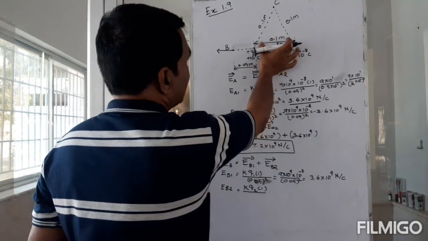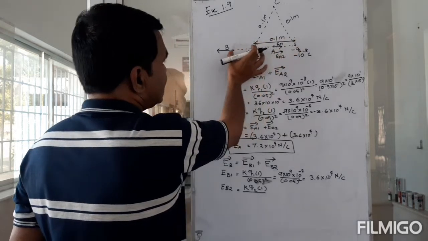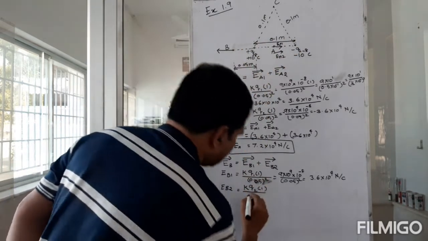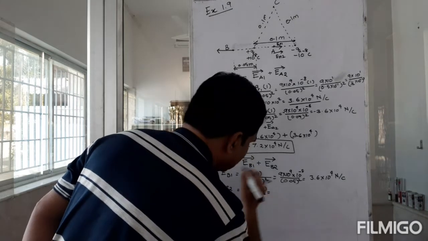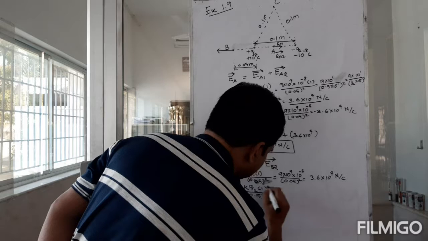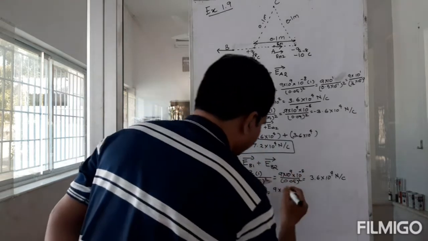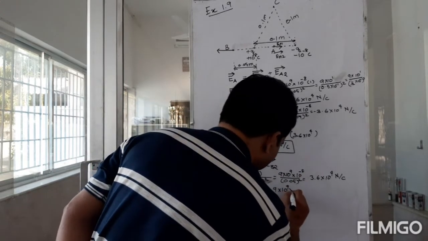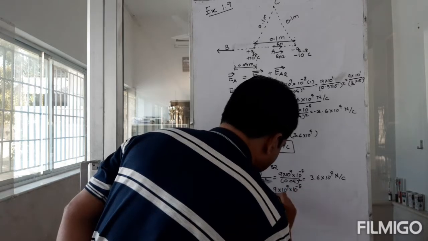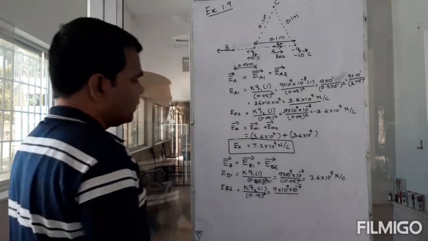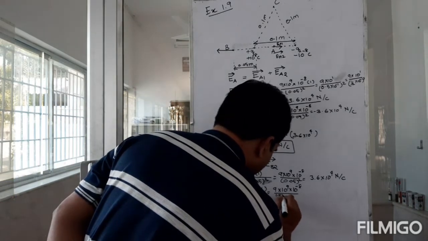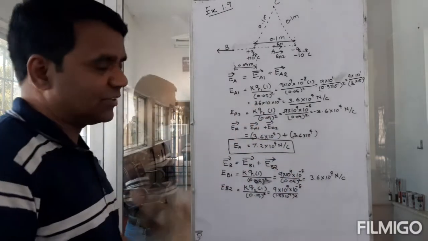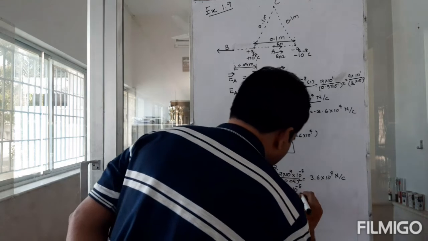It's going to be 0.1 plus 0.05, so that's 0.15 meters squared. So that is going to give you 9 into 10 power 9 into 10 power minus 8, divided by 0.15, which can be written as 1.5 into 10 power minus 1, squared. I'm doing it for a reason, you'll understand why.